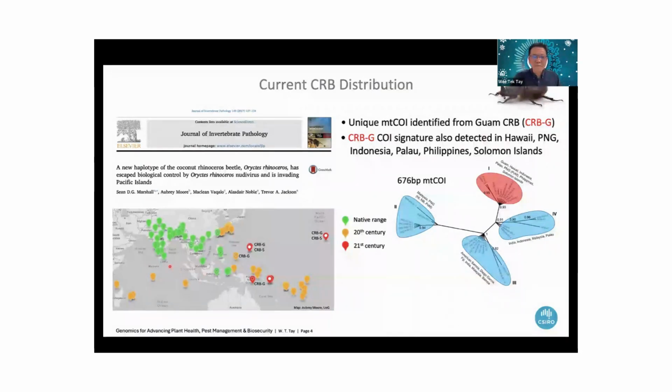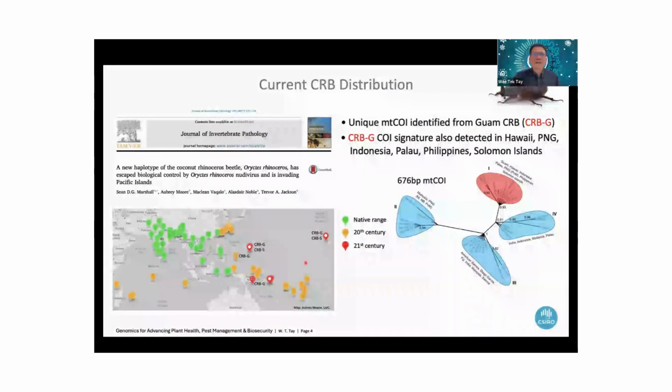In the early 1900s, it was supposedly introduced from Sri Lanka to the Pacific, to Samoa and Fiji. From there, it slowly spread through plant movements, and the population then exploded across the Pacific during the 1940s, during the military activities in that region.